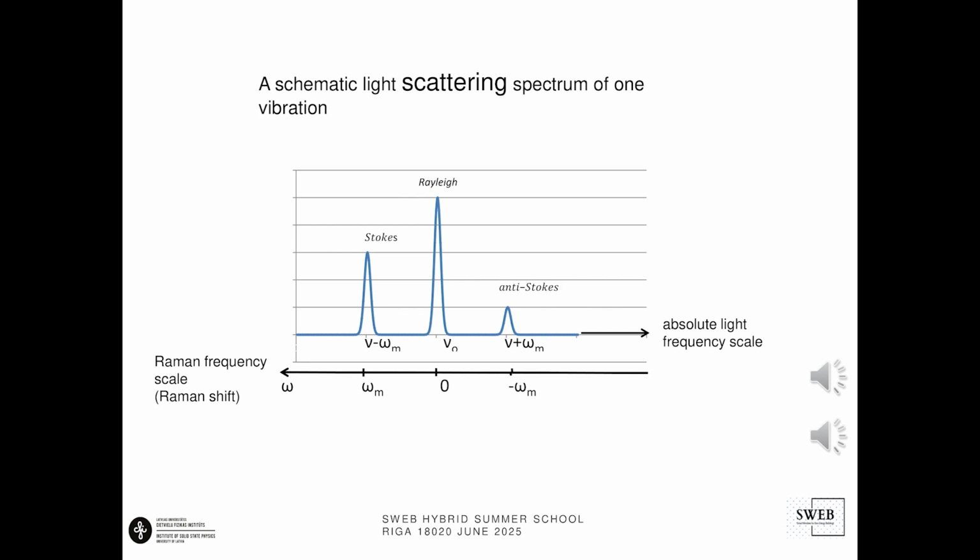On the Raman scale, the position of the bands corresponds to the vibration frequencies of the molecules. But most importantly, the position of the bands does not depend on the frequency of the laser used in the experiment.